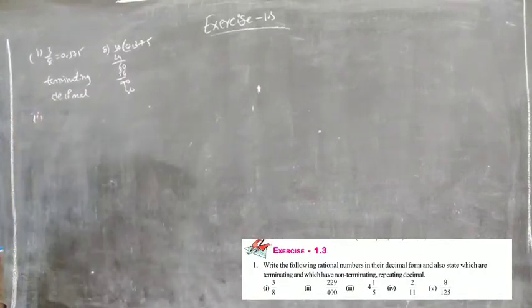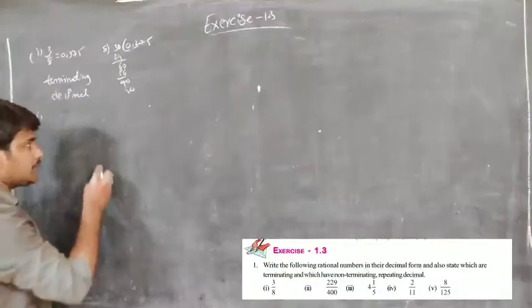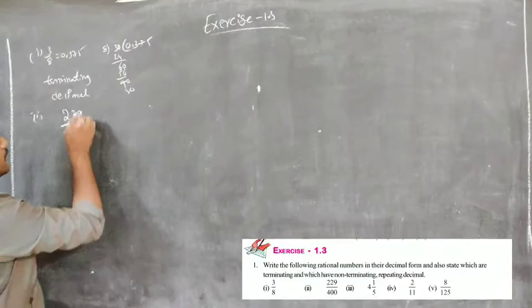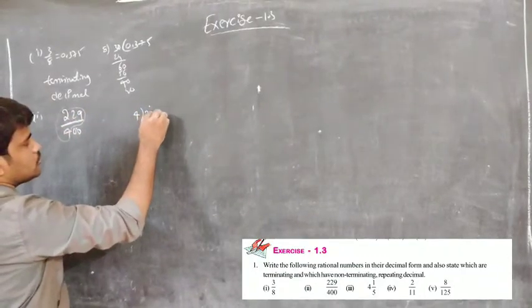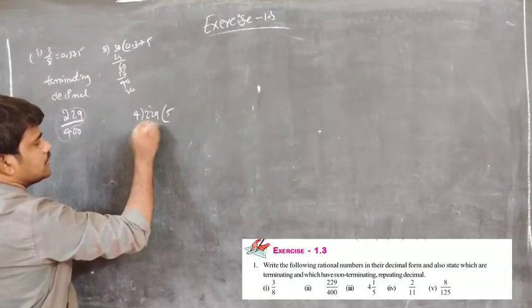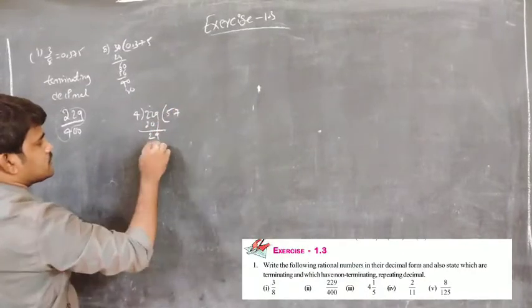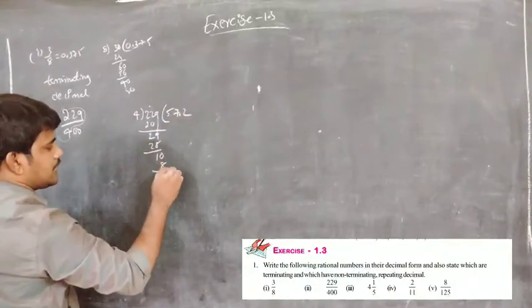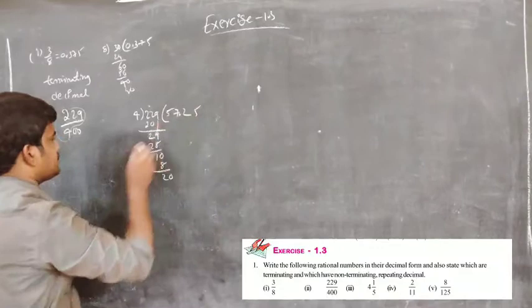Second one, 229 by 400. Divide first 229 with 4. 5 times 20, remainder 29. 7 times 28. 1.0. 2 times 8. 0.2. 5 times.